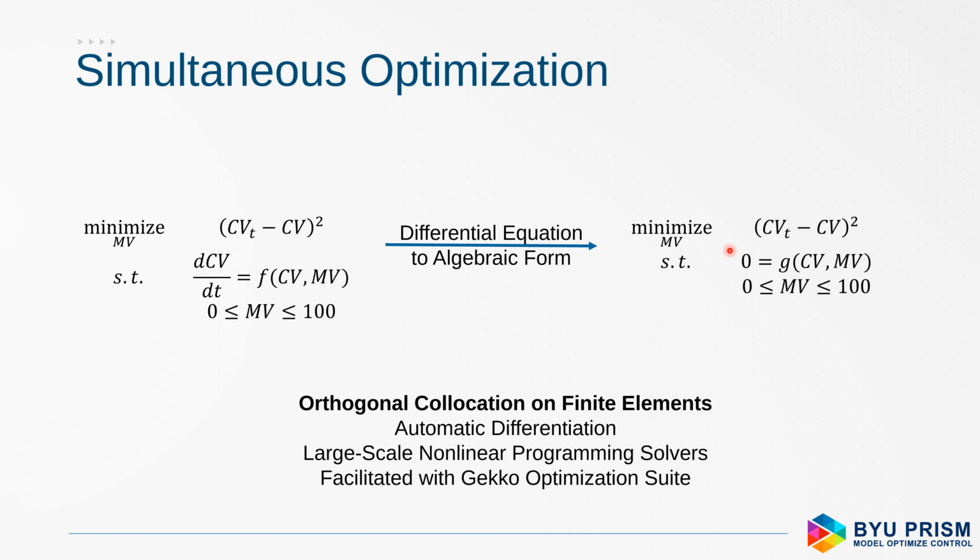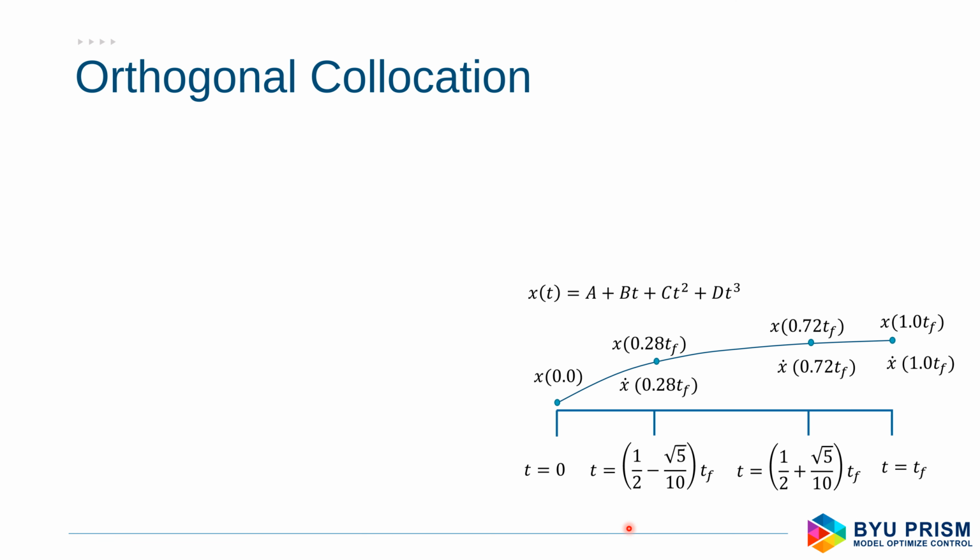That's the only thing that's different about these two, and we're going to use something called orthogonal collocation on finite elements in order to do this transformation. We also need things like automatic differentiation to make this fast, and large-scale nonlinear programming solvers that can solve these larger problems. This is going to be facilitated with the Gekko optimization suite. I'll show an example of working with that.